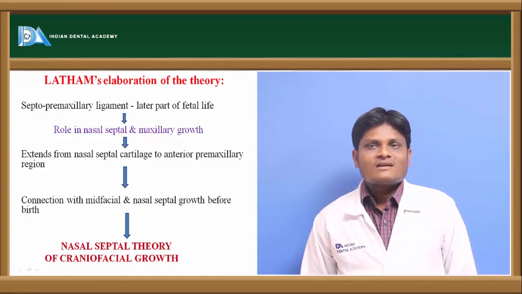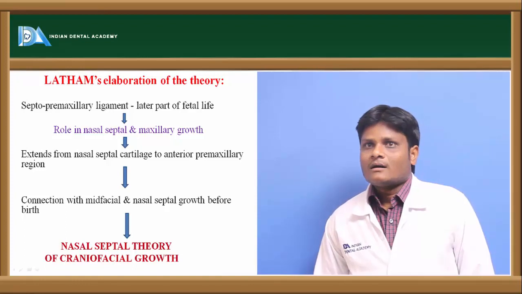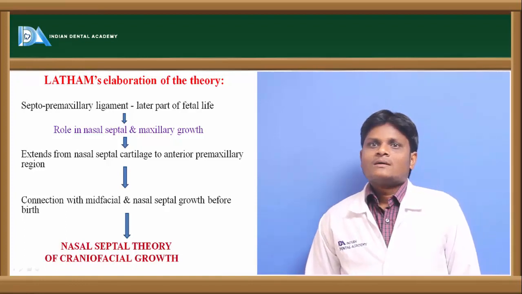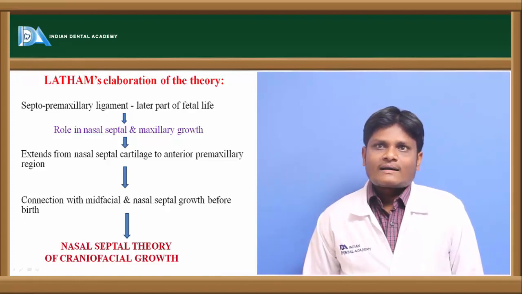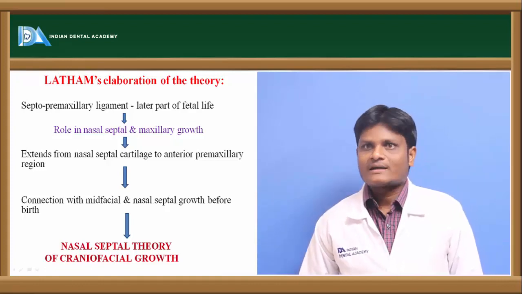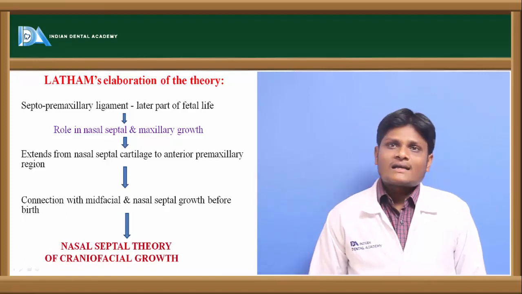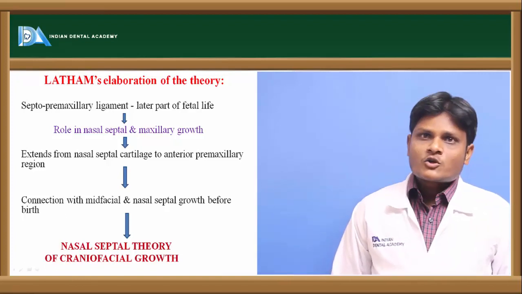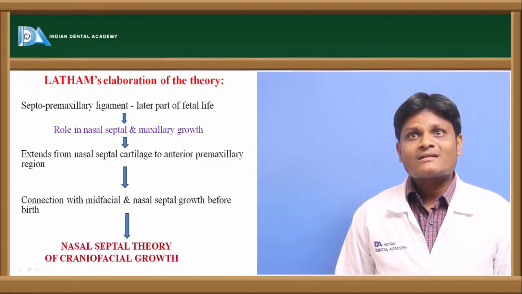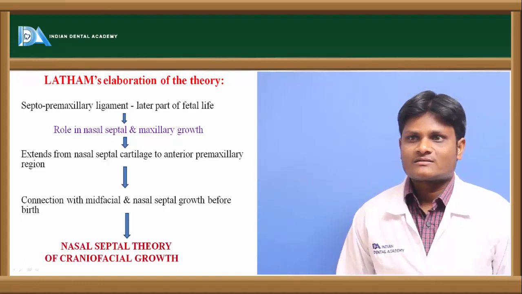So this theory can be partly accepted and partly opposed, because primary cartilages are able to respond to the growth stimulus occurring in the body on their own, whereas secondary cartilages show growth potential but under the influence of local factors, not systemic factors.